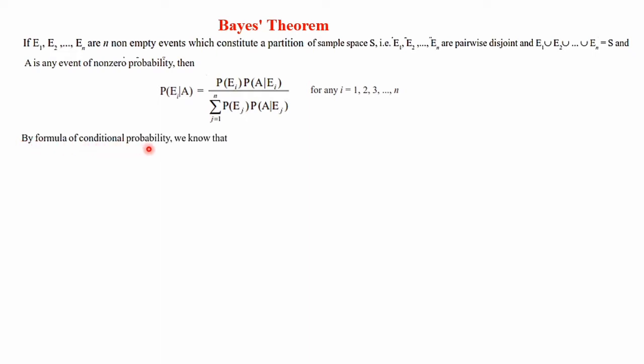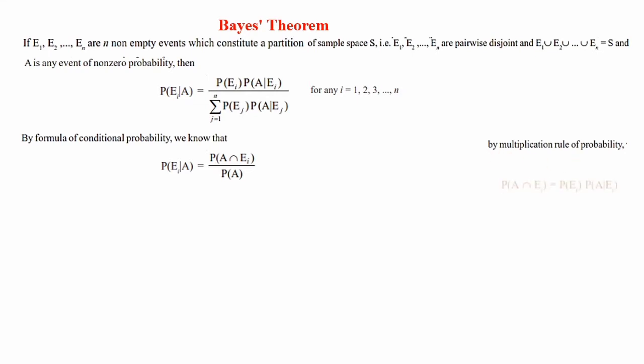By the formula of conditional probability, we have learned P of Ei given A, we can write as P of A intersection Ei divided by P of A. Conditional probability we have learned: P of A given B is equal to P of A intersection B divided by P of B. Then this multiplication theorem we can use and change this part.